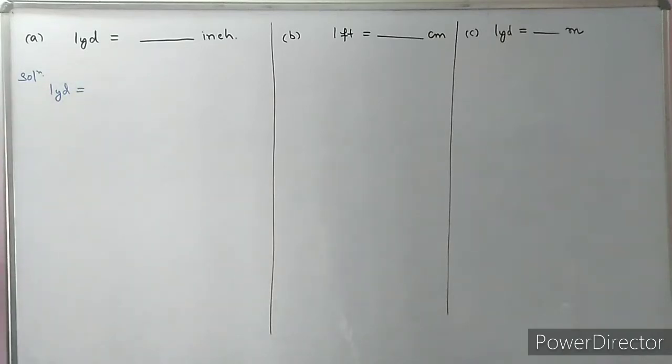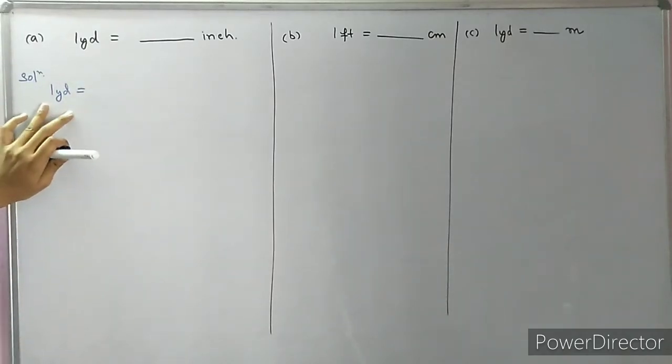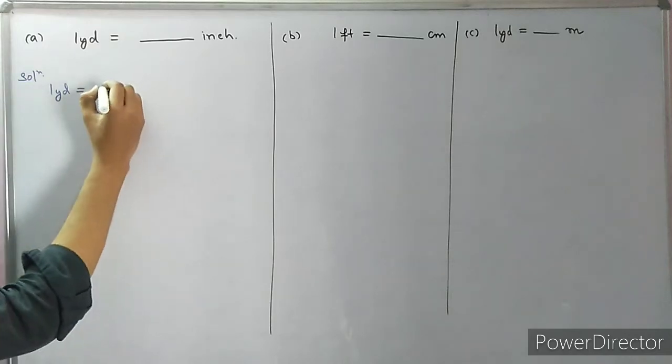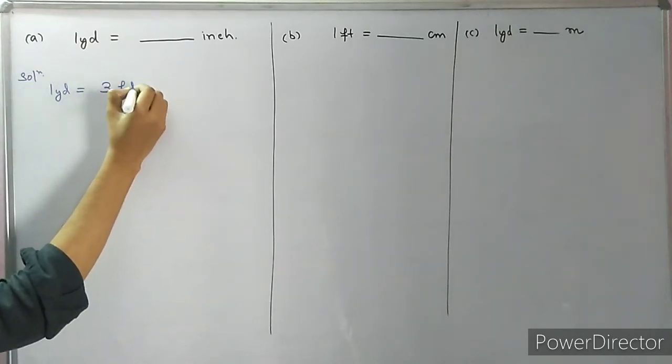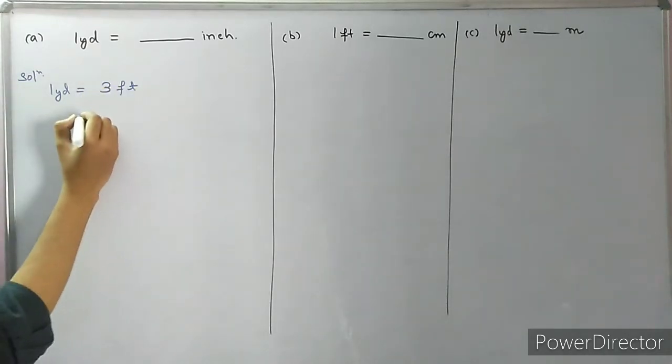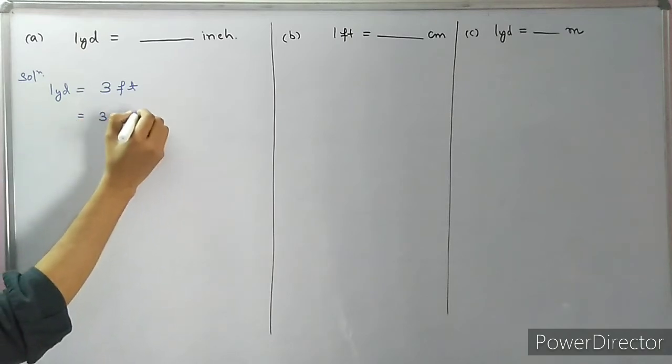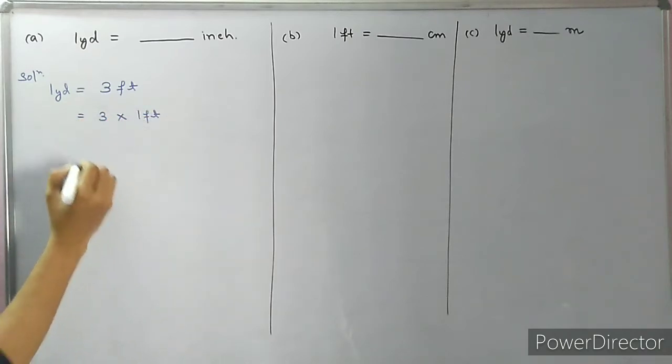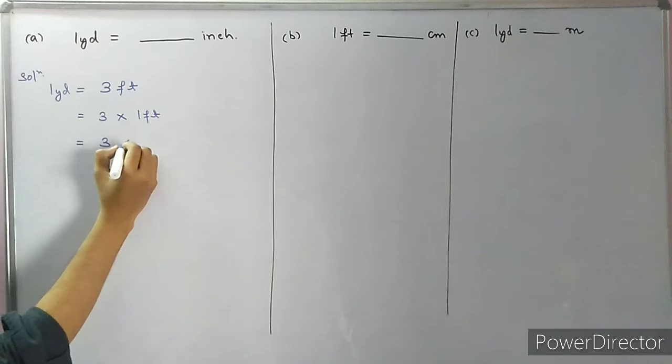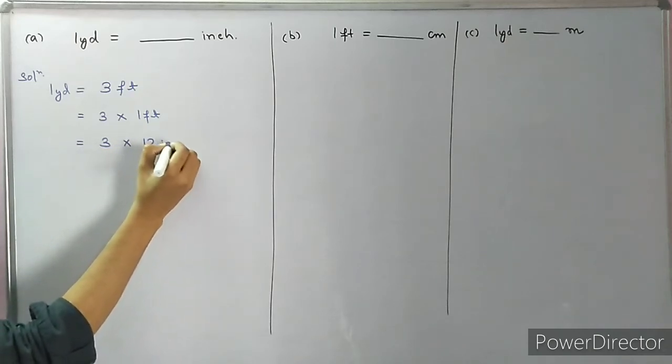Solution is, what you have to say is 1 yard is equal to how much inch? Now see, 1 yard we just found is actually 3 foot, which is equal to 3 into 1 foot, and 1 foot is equal to 12 inch.